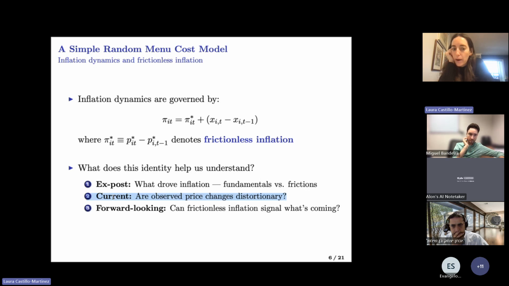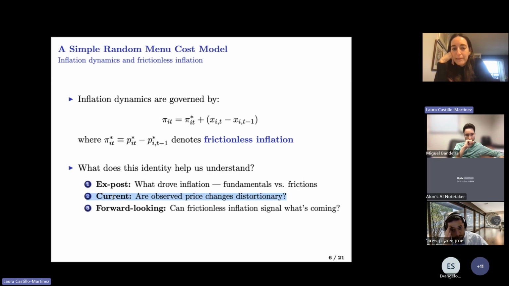And this would give you a measure of how distortionary current inflation is. I think that's the biggest takeaway: in the same way that you look at the output gap or inflation expectations, you could use this as a measure. If I'm responding with, let's say, a Taylor rule, it might not be a Taylor rule that is entirely responding to actual inflation, but to frictionless inflation, or more specifically to a change in the gaps.